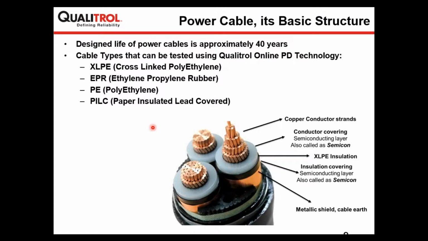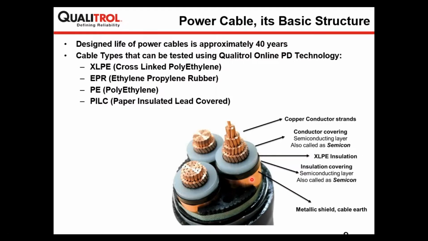Here we are showing a power cable where you have conductor strands in the middle. Over the conductor you have semiconducting insulation, and then the metallic sheath. This metallic sheath is normally grounded, or it is grounded using SVL at the termination point.